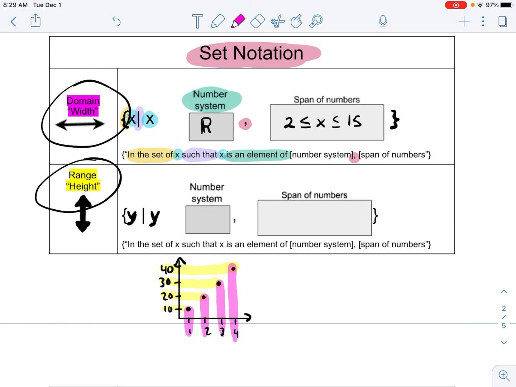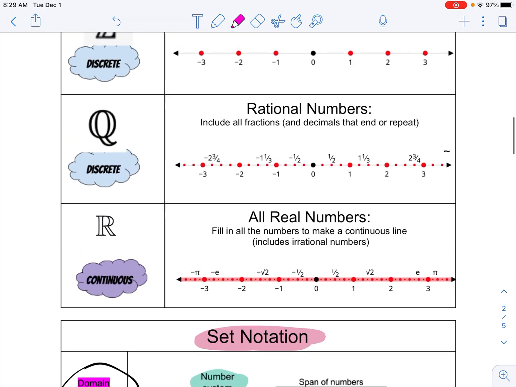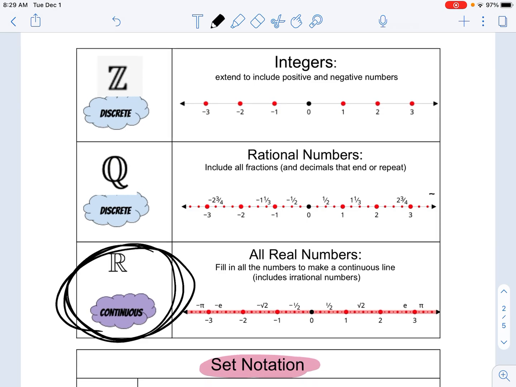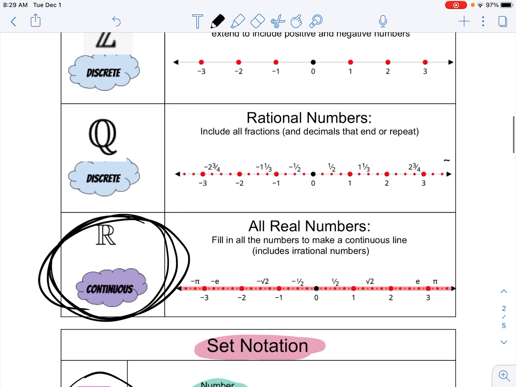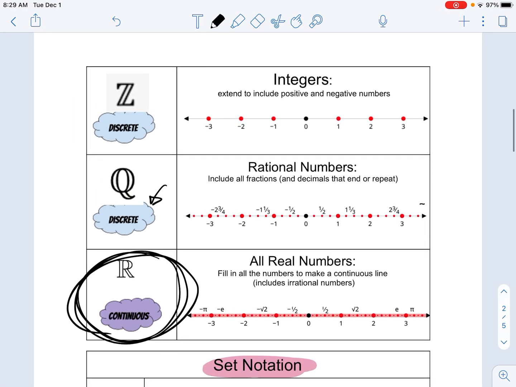So pay attention to if you're talking about your x or your y axis. And the only one that's ever going to be continuous is all real numbers. So unless you have all real numbers, your answer is going to be discrete. Okay? So make sure we pay attention to that as well.